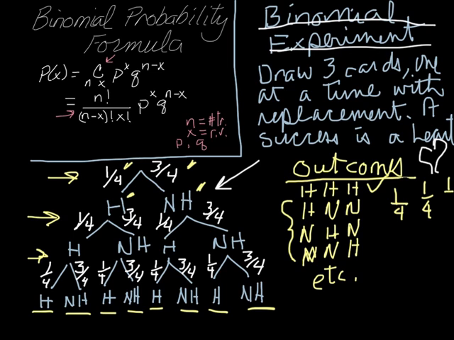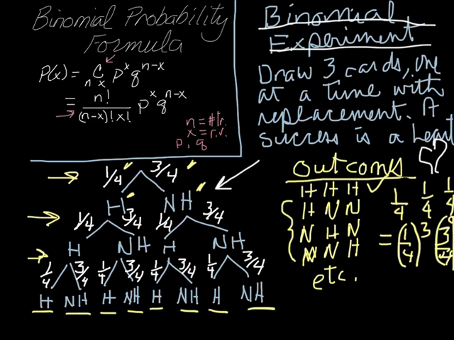Probability of getting a third heart is 1/4. And so that is equal to 1/4 to the third power, or if you wish, the probability of success to the third power. Did we have any failures? No. So that's 3/4 to the 0 power.